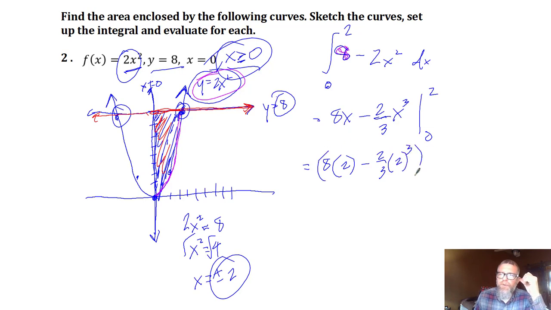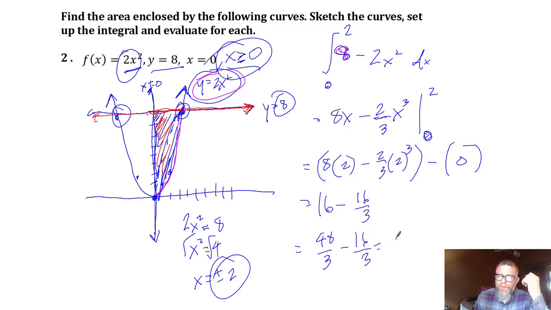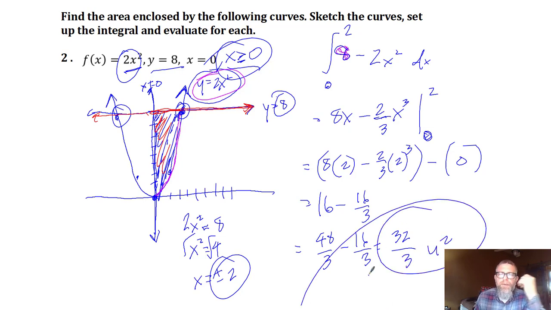When you plug in 0, we just get a value of 0, since there's an x term in each of these. So it's going to be 16 minus 2 cubed is 8 times 2, which is 16 over 3. Let's get a common denominator, so that's 48 over 3 minus 16 over 3, which is going to be 32 over 3 units squared.